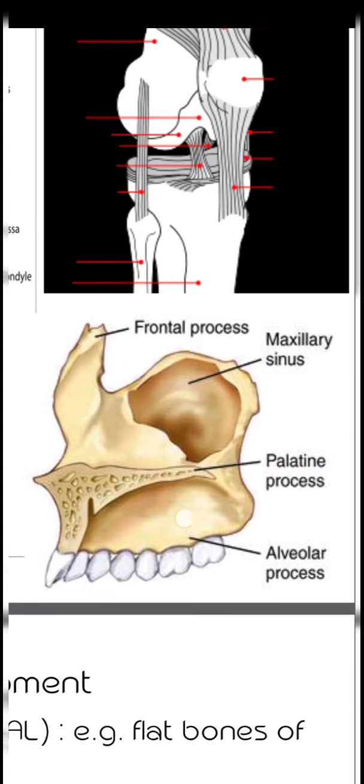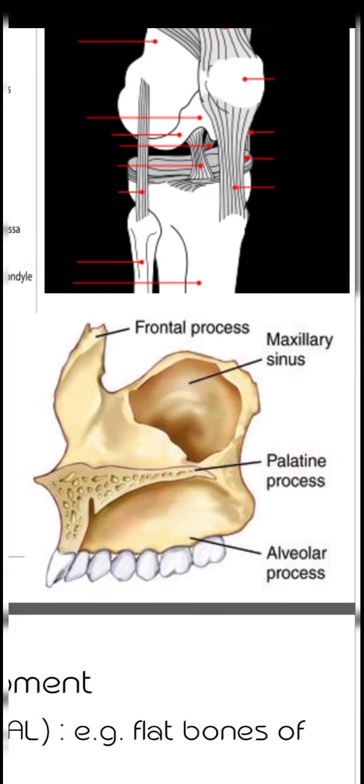So maxilla is a pneumatic bone because it contains maxillary sinuses. What is a maxillary sinus? A maxillary sinus is a hollow space within the bone with one way through which the air can enter that space whenever we breathe in, passing through the nose and then the nasopharynx.